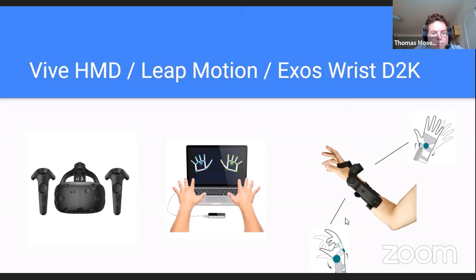Attached to it is a Leap Motion hand tracker, which gets the position for each of the user's real hands into our application, as well as their fingers. Finally, we use the Exos Wrist, which is a haptic device that applies different levels of force to two axes of the user's hand.